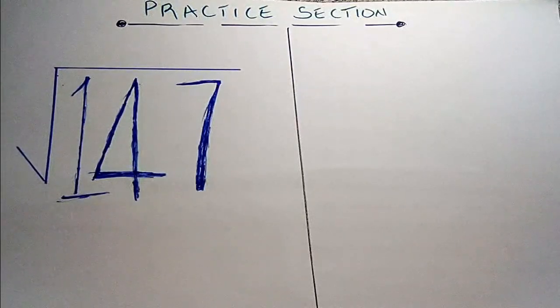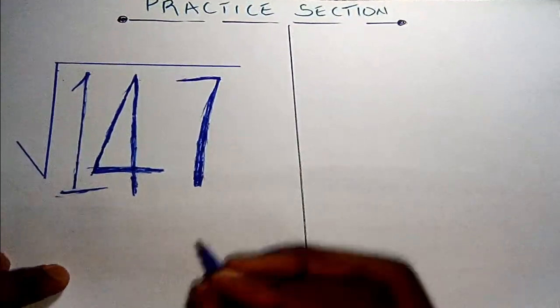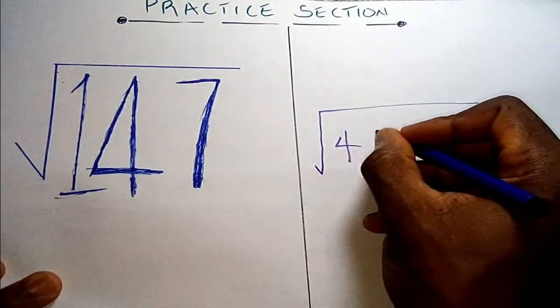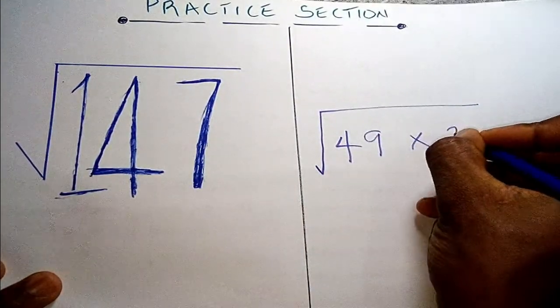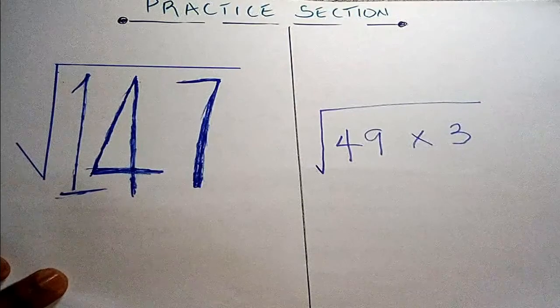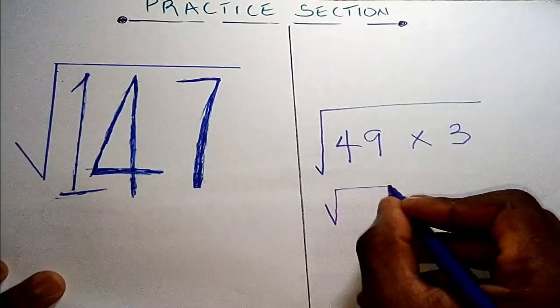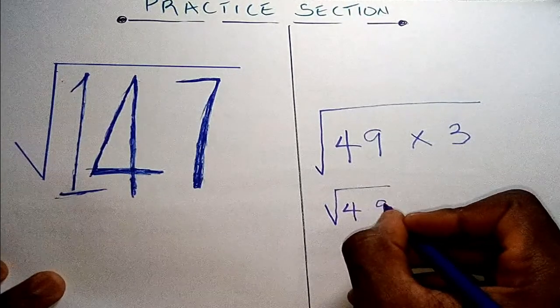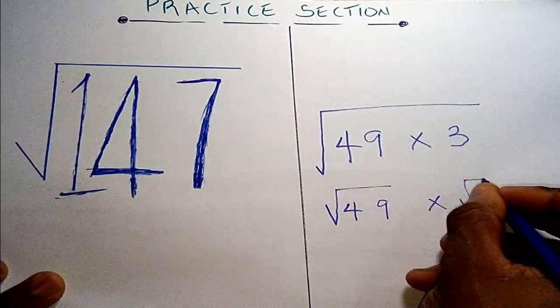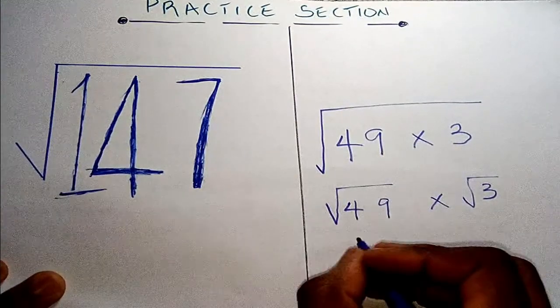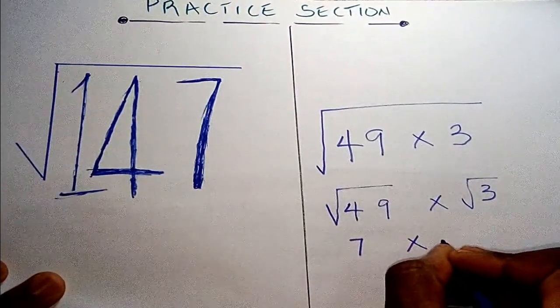So now that we know that 49 goes into 147, we're going to use that. 49 times 3, that's what we're using. So we'll separate it: root 49 times root 3. We'll find the root of 49, which is 7, times root 3.